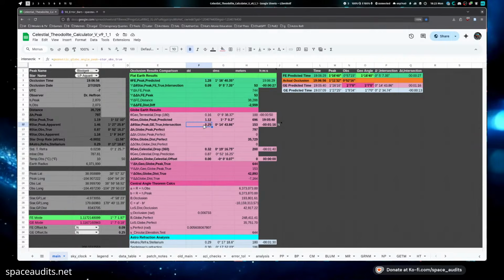And they were off by 14 arc minutes, which comes out to be 1 minute and 16 seconds. So they predicted an earlier occlusion time of 19:05:40, whereas the occlusion happened at 19:06:56. So off by 1 minute 16 on that.